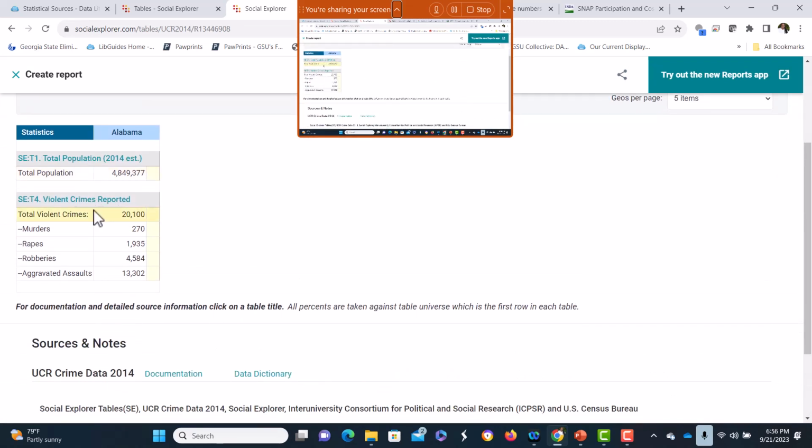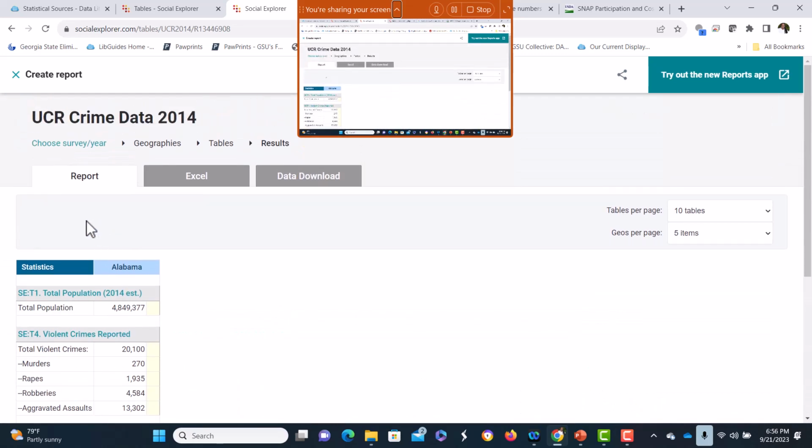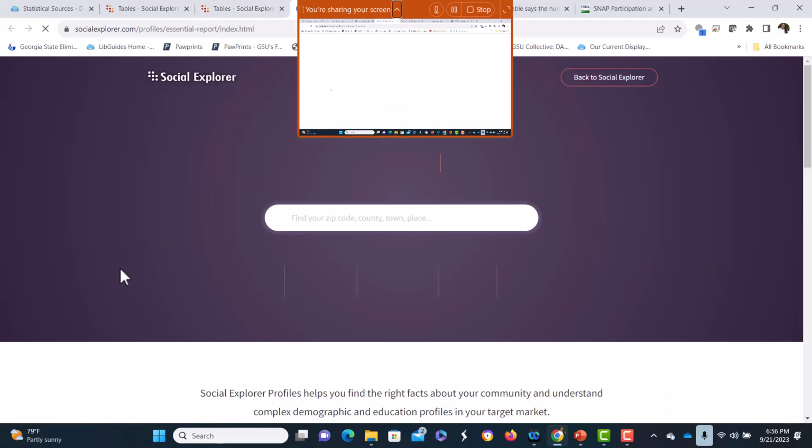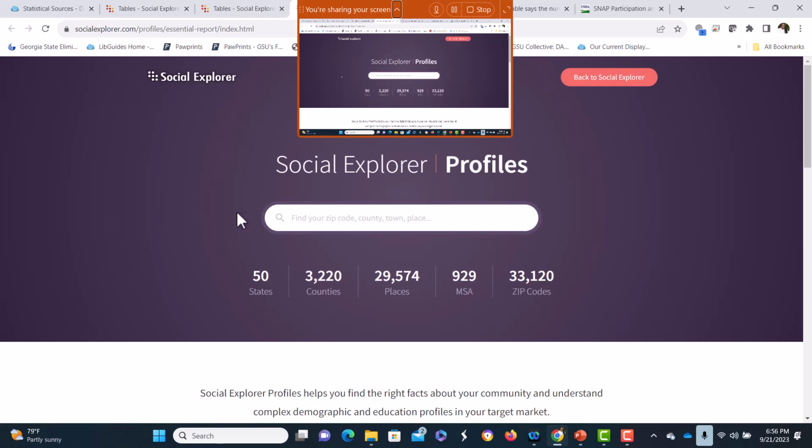And so this gives me the tables here that I can download into Excel. I can download the data. If I go back to the Social Explorer page, there are demographic profiles that you can look at.